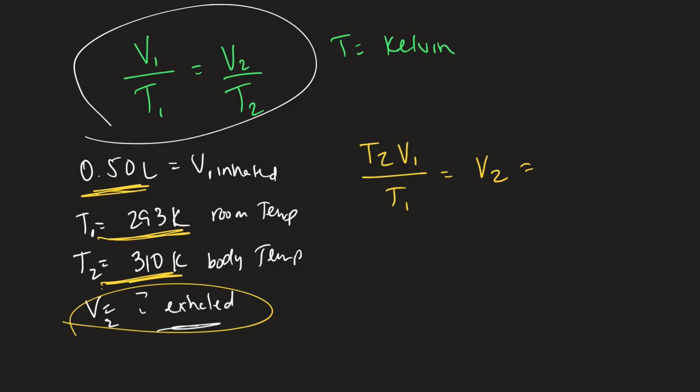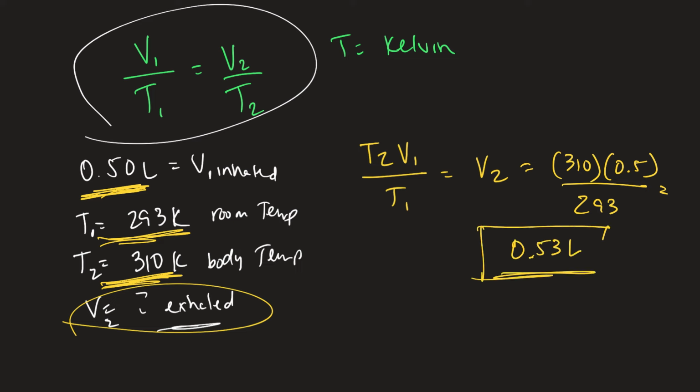So T2, which is 310, times 0.5, divided by 293. If you put this in a calculator, we get that the answer is 0.53 liters. So that's the volume of gas that you're going to exhale in this situation. All right, so that's Charles' law.